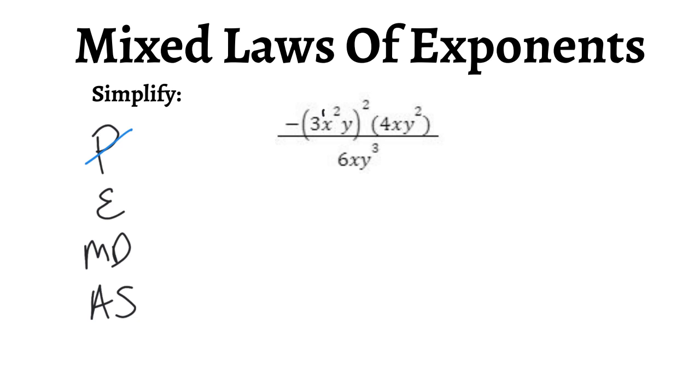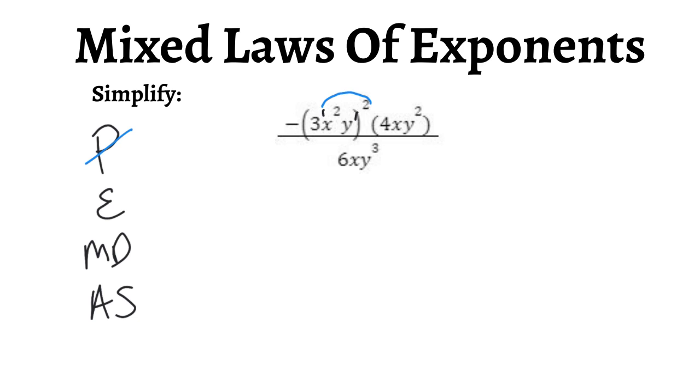Whenever you have a term by itself, you can assume that it's being raised to the 1 power. So I'm going to distribute that 2 on the outside into every one of those exponents. I'm going to multiply the 2 times the 1, 2 times the 2, and 2 times the 1.